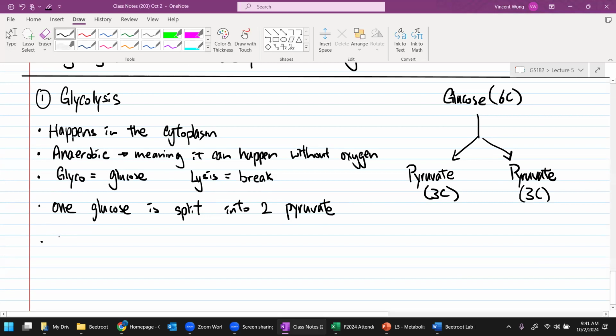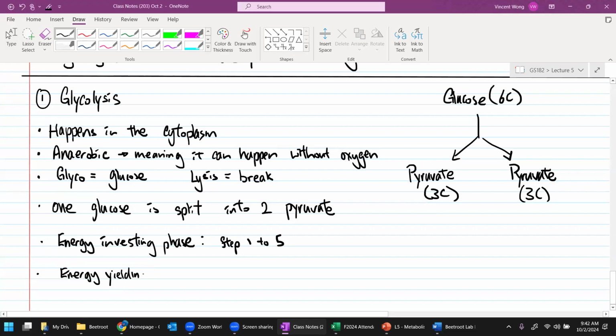So we have energy investing phase, which is step 1 to 5. And then we have energy yielding or energy producing phase, which is step 6 to 10.